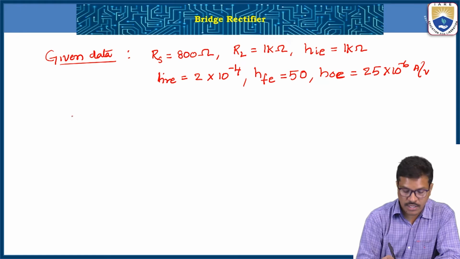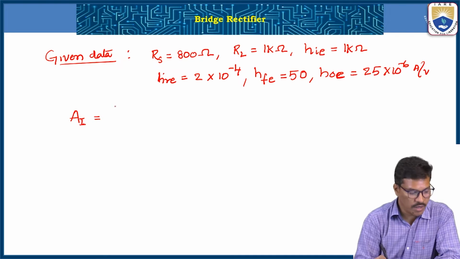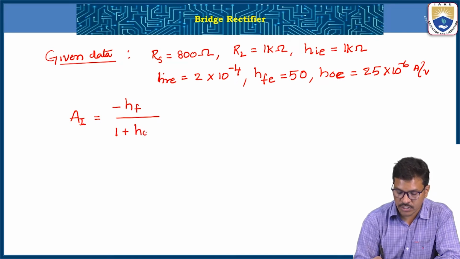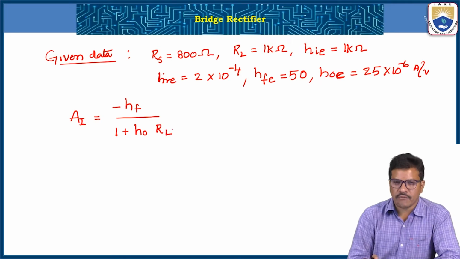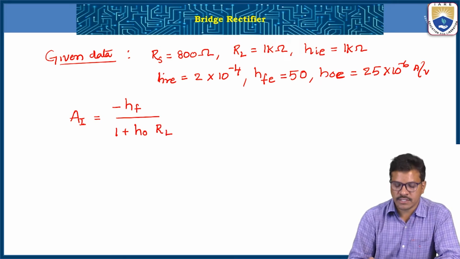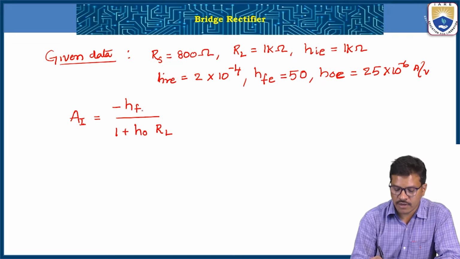So determine the current gain. AI is equal to, the formula, minus hfe divided by 1 plus ho into RL for general analysis. If it is the common emitter configuration, we can put the second subscript, like hfe, hoe into RL.